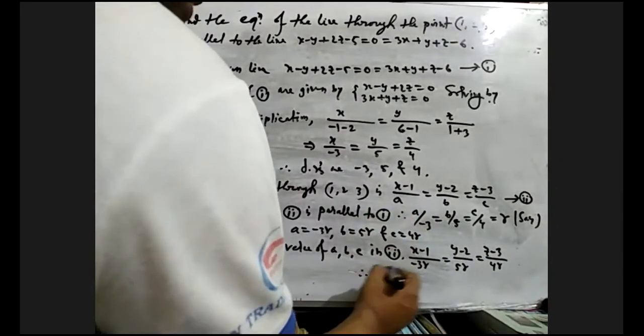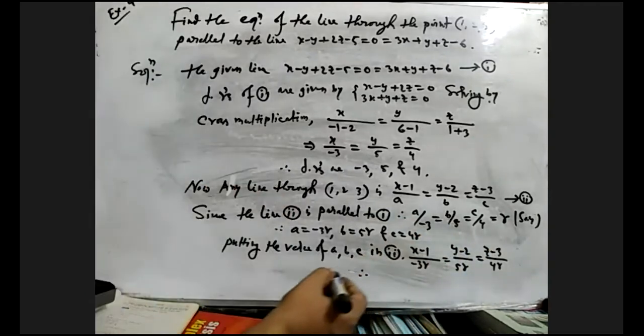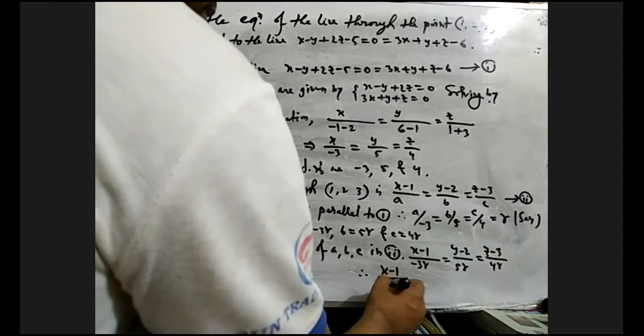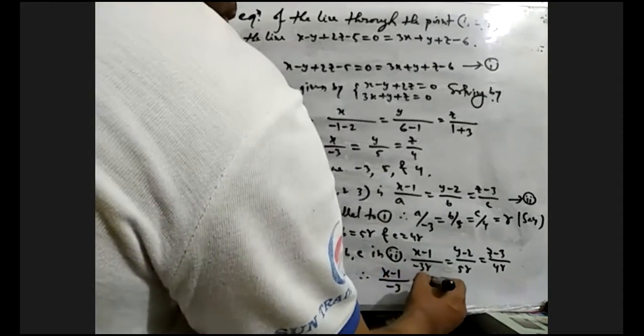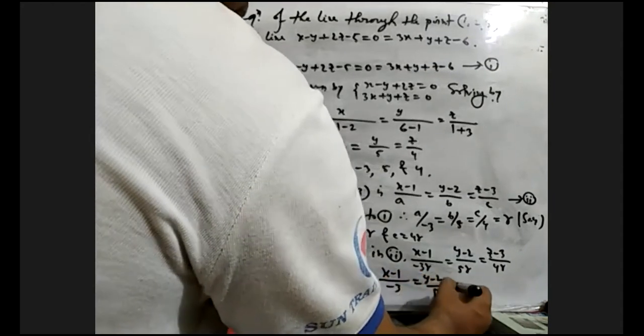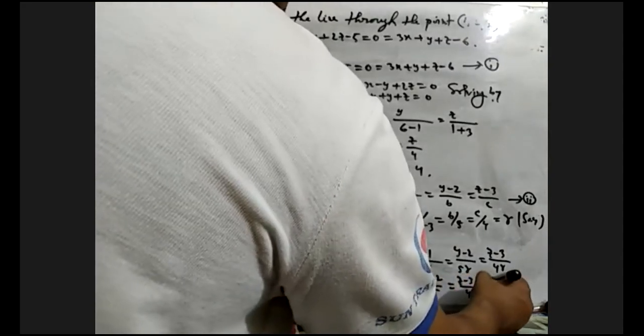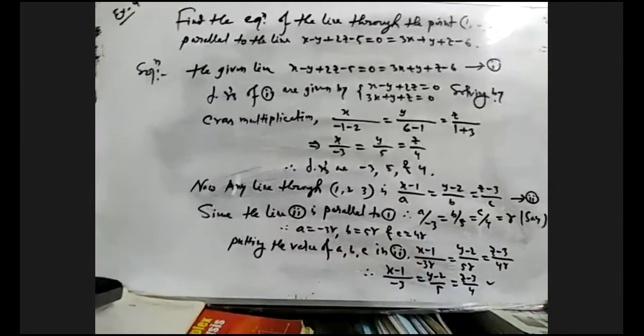So therefore R will be cancelled from all ratios. We get the required line: x minus 1 divided by minus 3 equals y minus 2 divided by 5 equals z minus 3 divided by 4. This is the result. This is the required straight line.